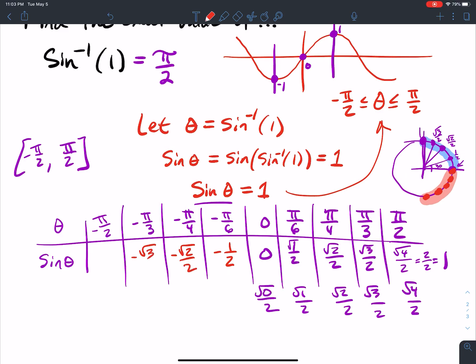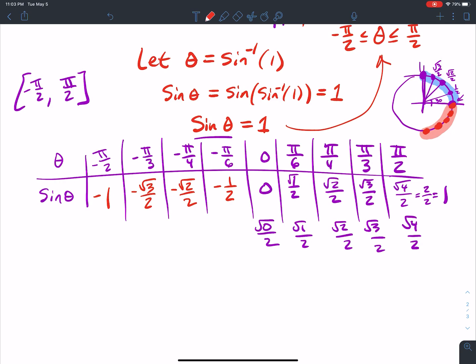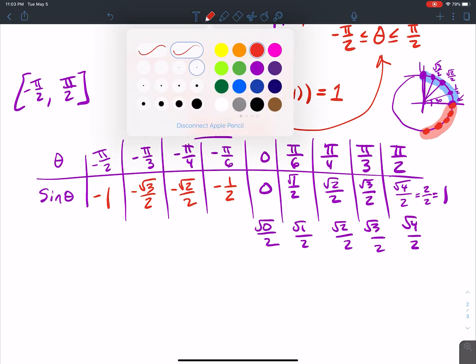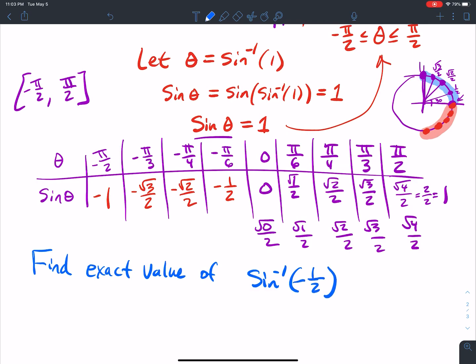So now that you have all of these fancy values, say you want to find the exact value of the sine inverse of negative 1/2. How do I get the sine inverse of negative 1/2?